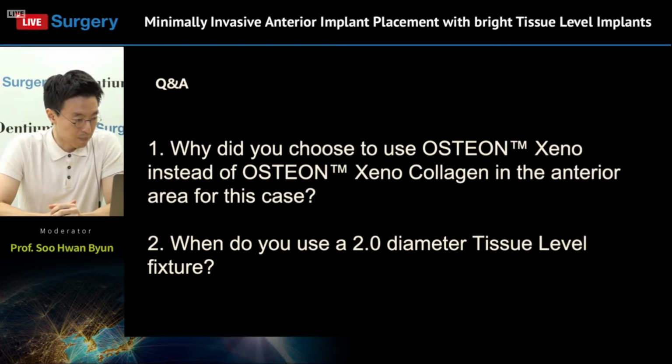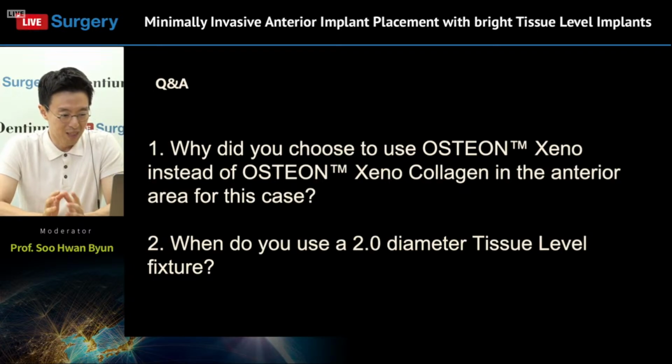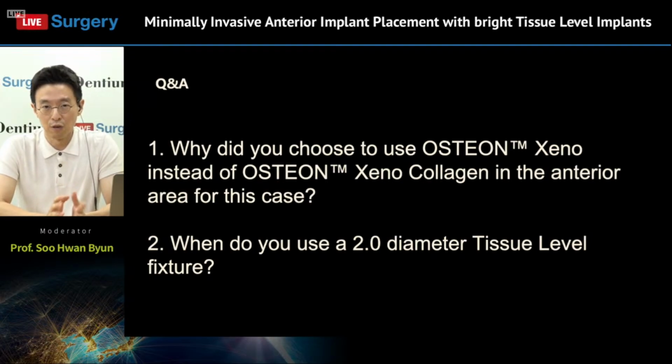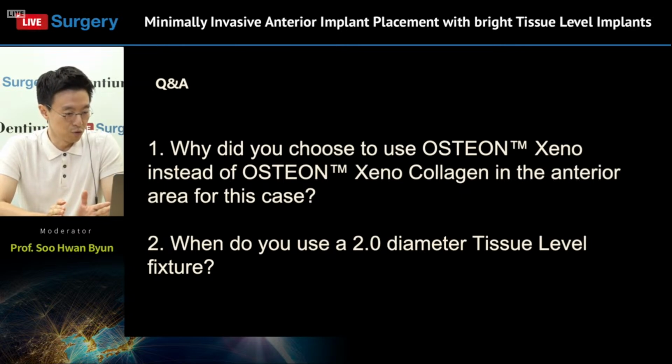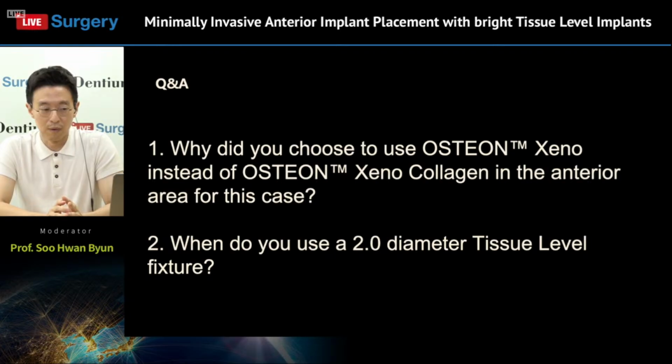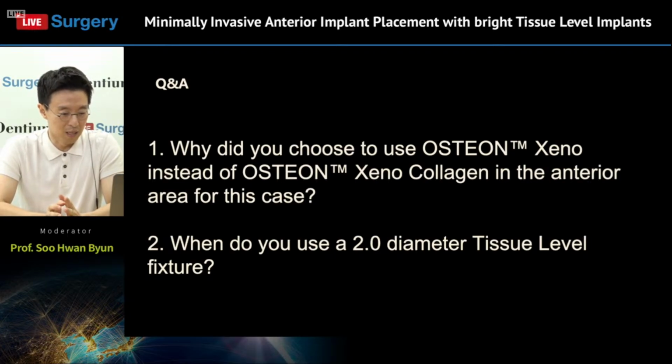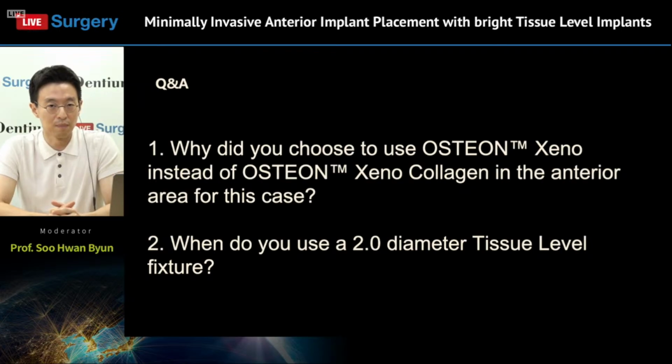The second question: when do you use a 2 millimeter diameter tissue fixture? I'm using the 2 millimeter diameter fixture in a very thin or narrow ridge case, specifically in anterior mandibular area. Thanks to the 2 millimeter tissue fixture, it has expanded the range of implant treatment indications and improved patient satisfaction.